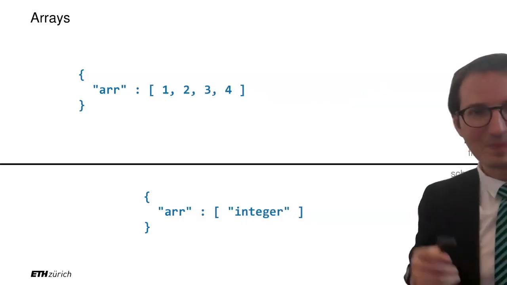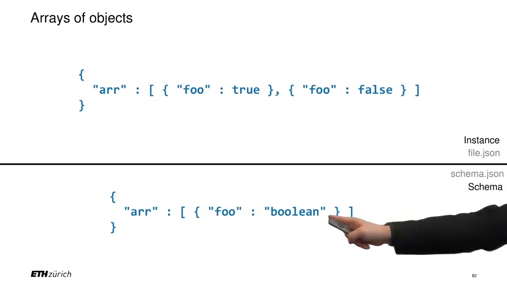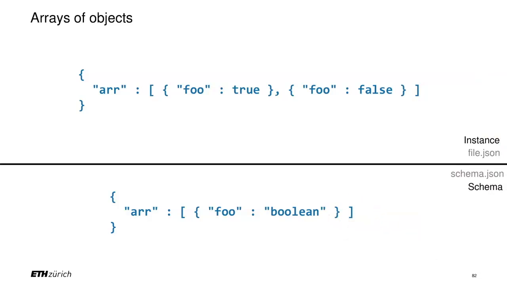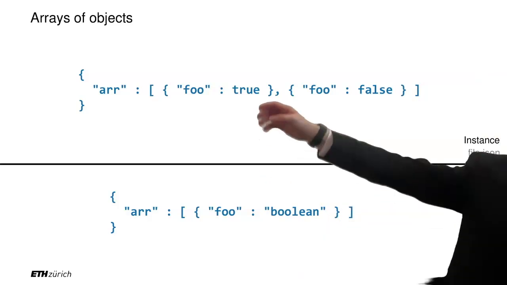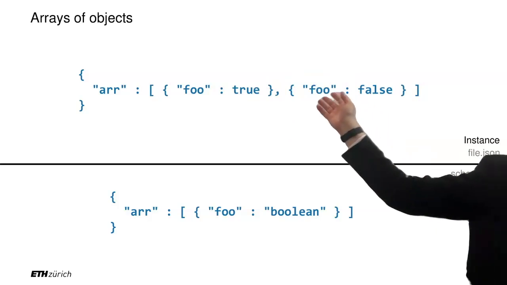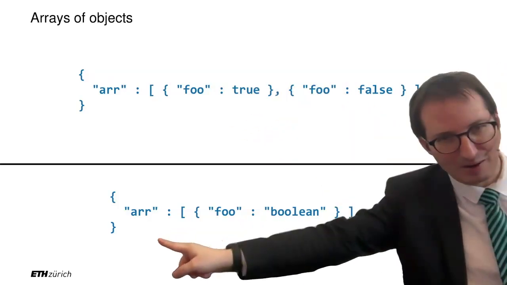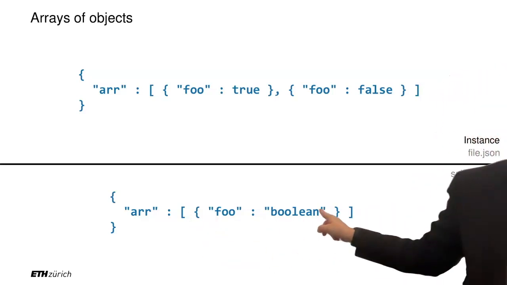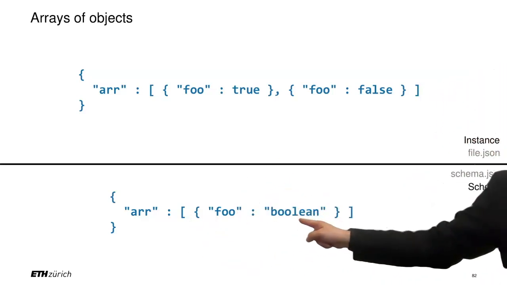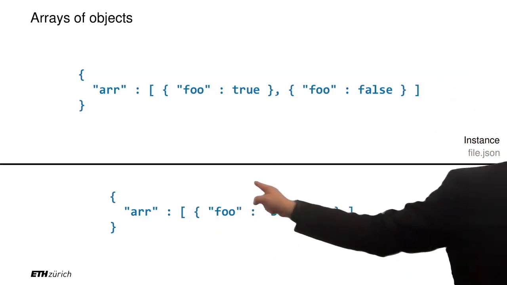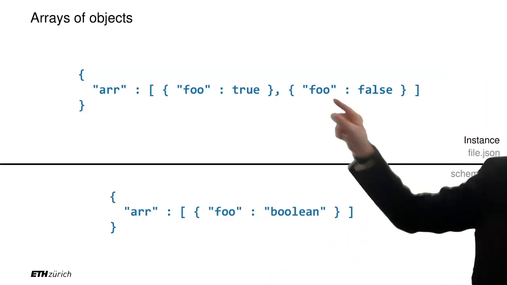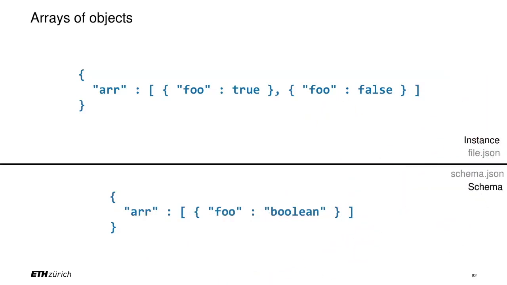Okay. Very good. Now, here are the superpowers. You see the simplicity of the language. Now I have an array of objects that have a key foo associated with a Boolean. That's my schema. Again, the goal is to have the pattern in here. That gives me a valid instance.